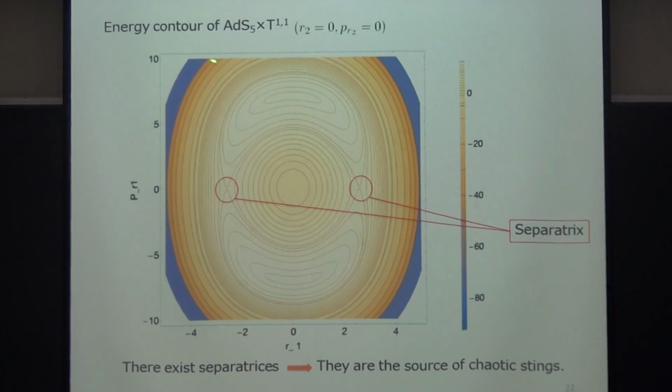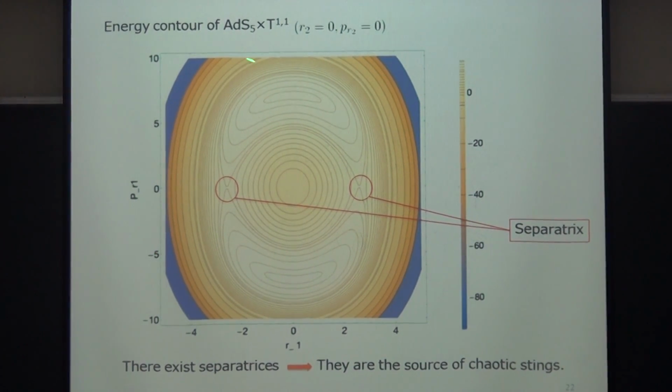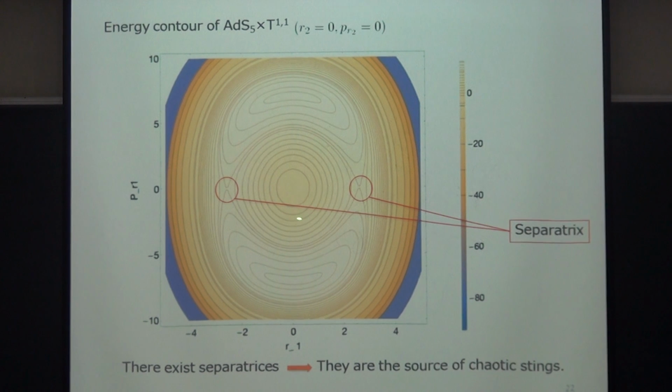And this is our study of the reason for the appearance of chaotic motion. And this is the energy contour of AdS × T^{1,1}, especially in the direction of the potential. The separatrix is a point where different kinds of orbits are divided.